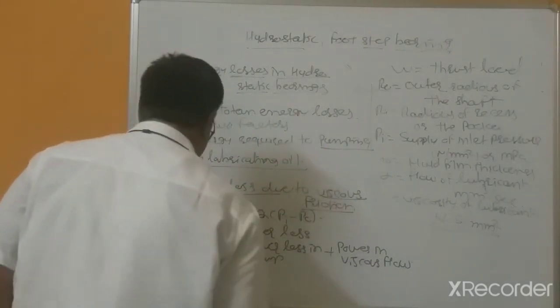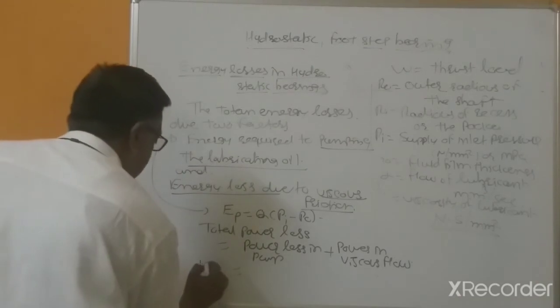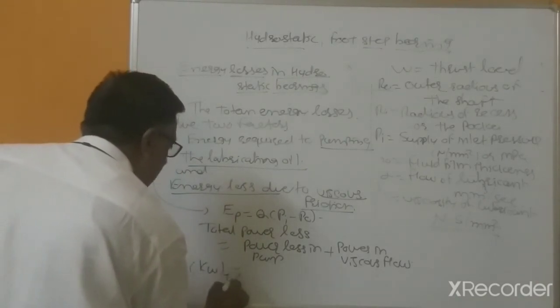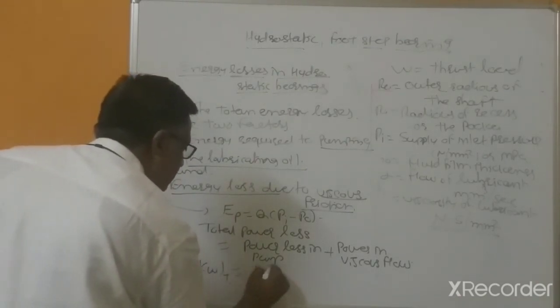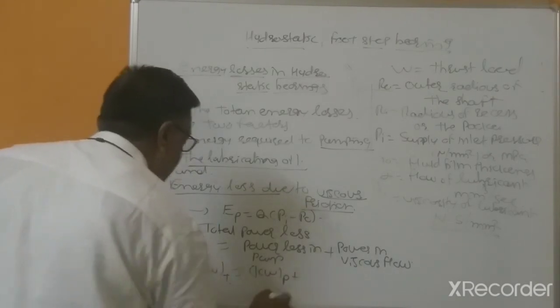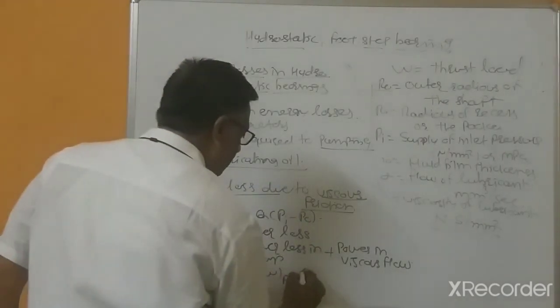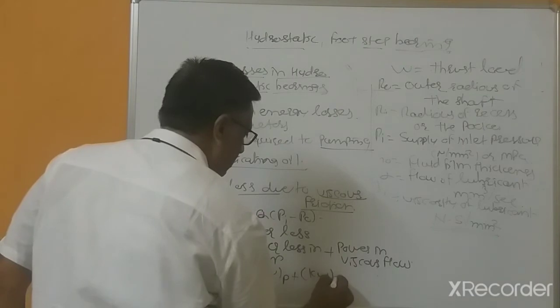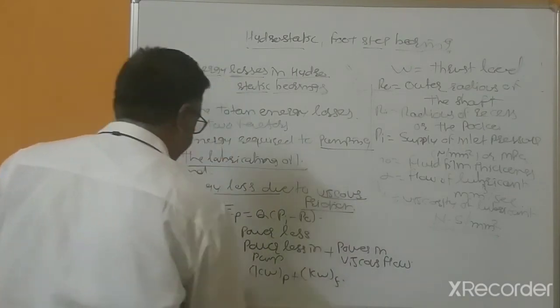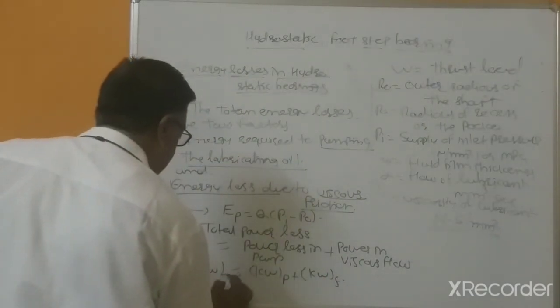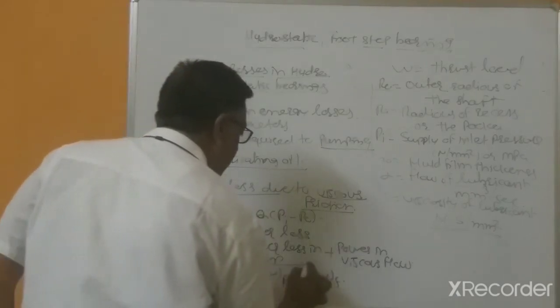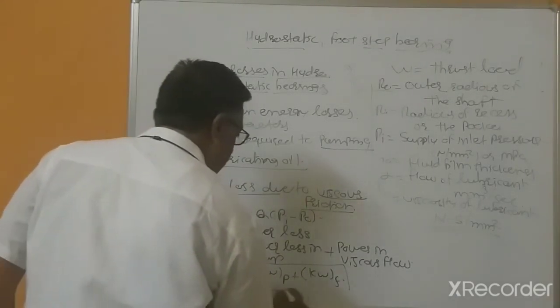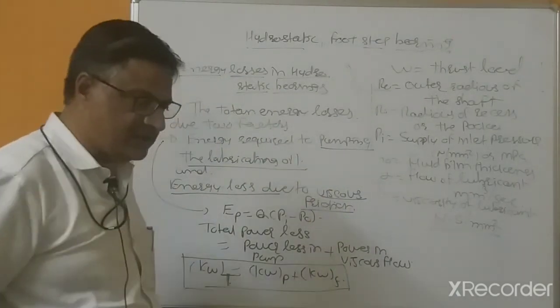Briefly, KWT equals KWP plus KW, this is the flow. So this is the final equation of the energy losses.